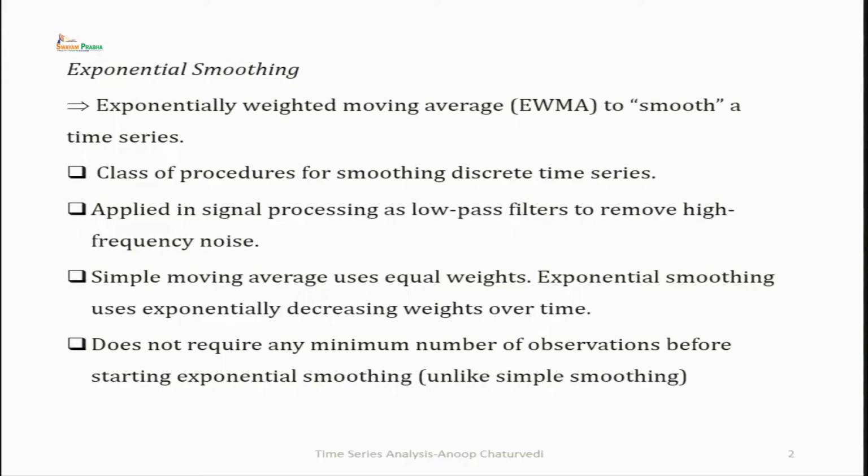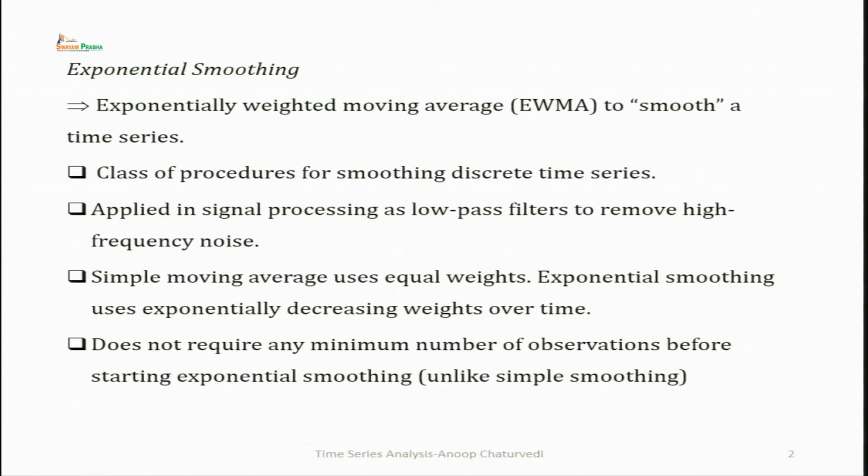So, let us consider the use of such kind of weighted averages in smoothing the series and in forecasting the series. We consider the exponential smoothing, exponentially weighted moving average to smooth a time series.